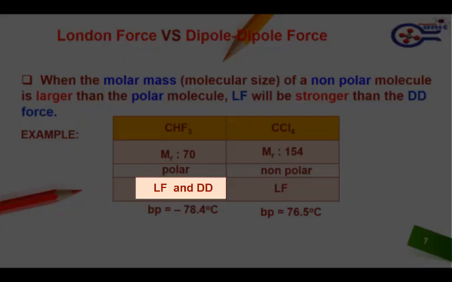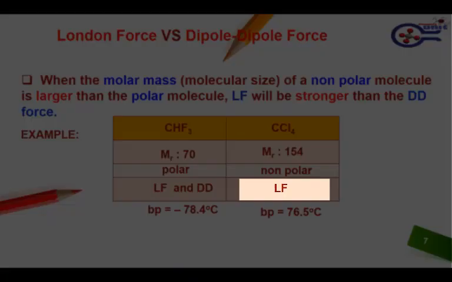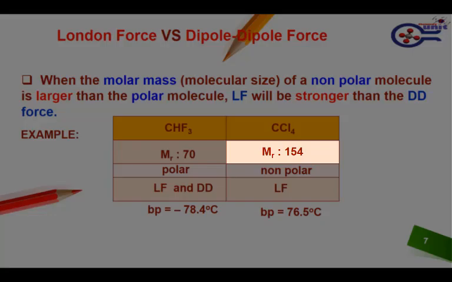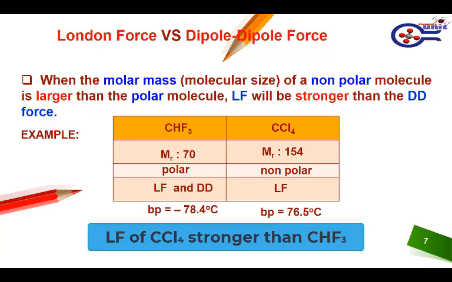CHF3 has dipole-dipole forces and London forces, while CCl4 has only London forces. But the molar mass of CCl4 is larger than CHF3. This makes the London forces between CCl4 molecules stronger than the van der Waals forces between CHF3 molecules.